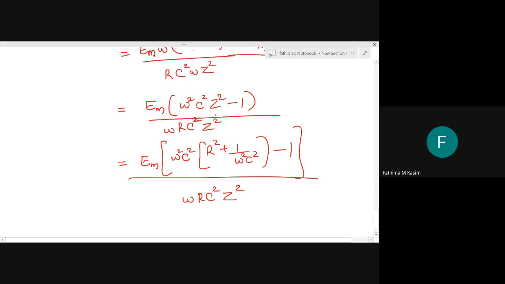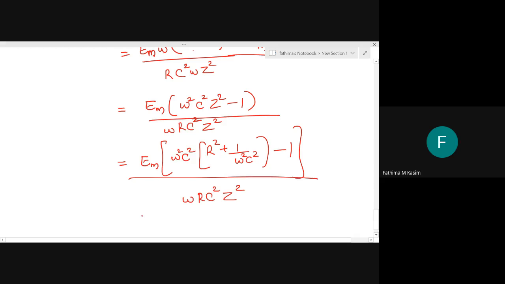So instead of Z square, I have given R square plus 1 by omega square C square. So this expression becomes EM into omega square C square, R square plus 1 by C square omega square, minus 1, divided by omega R C square Z square.